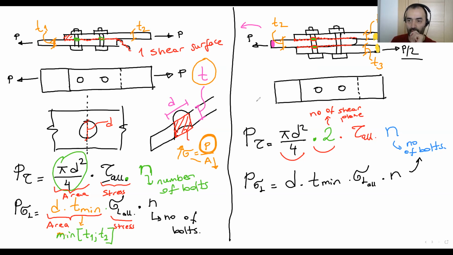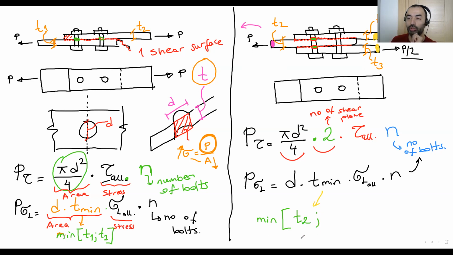So we will combine the thicknesses on the same side. So at the end of the day, T min is going to be the minimum of, for the left-hand side, only T2, right? T2.